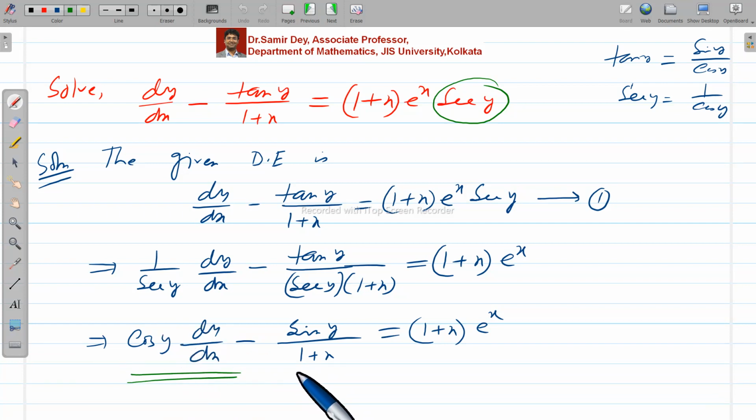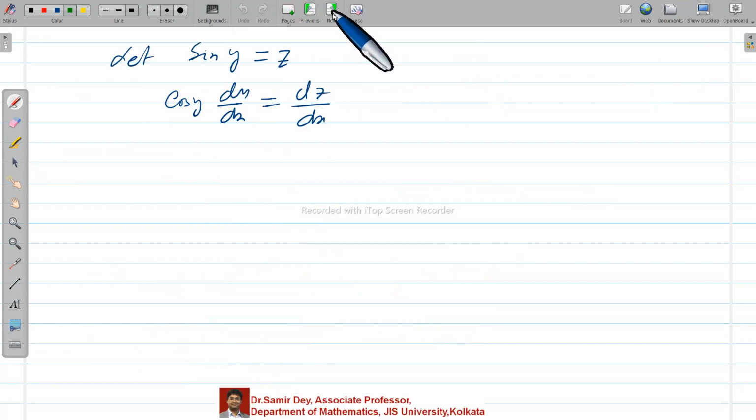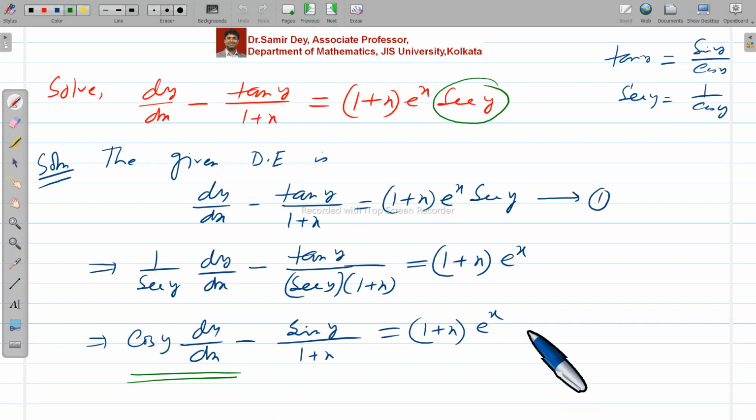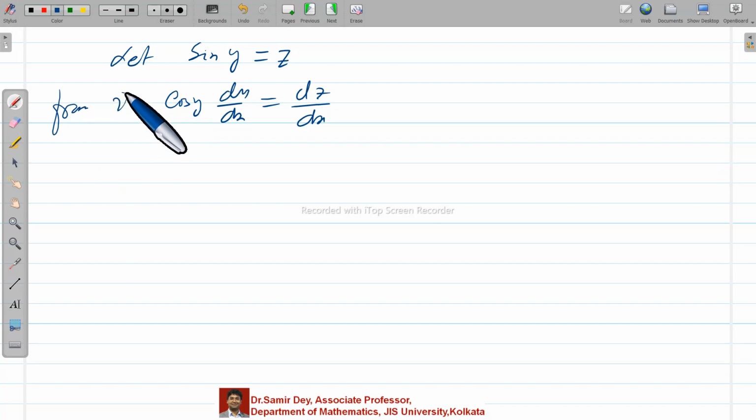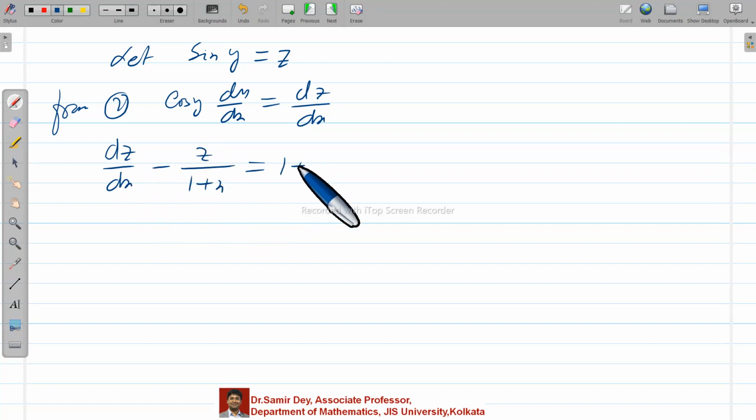Clear? Now you substitute this in this relation. So this is number 2. So please write down, from 2: dz/dx minus z by 1 plus x is equal to 1 plus x into e to the power x.